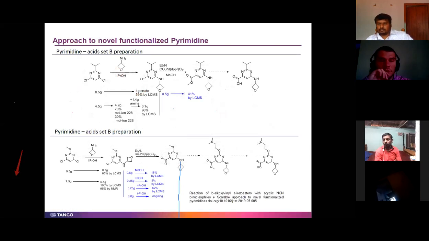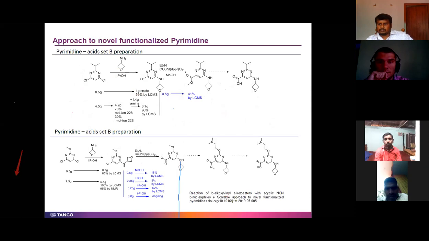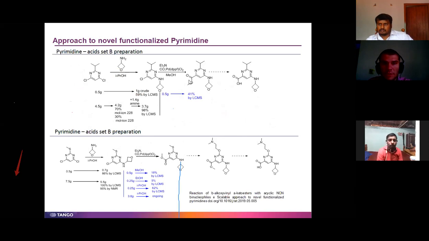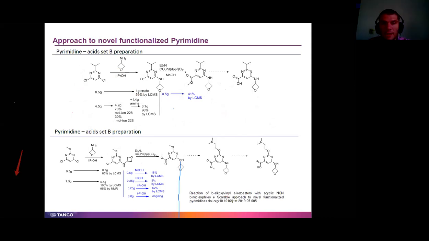The synthesis of pyrimidine compounds was done by our partner in Yenamin. They are prepared from other pyrimidine acids. You see some of them in the slides, but these acids have poor yield, and these reactions have very harsh conditions.